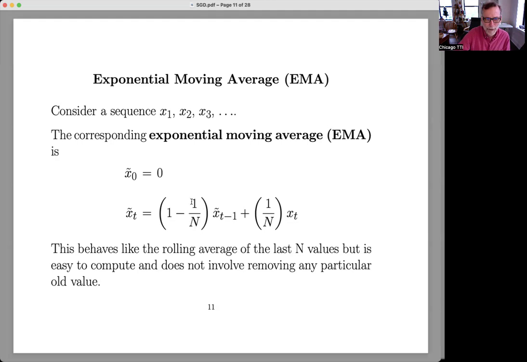The exponential moving average multiplies itself by a number less than 1 and then adds in a number times the value being added in, where this forms a so-called convex combination. These two numbers sum to 1. And you want to think of this as being very similar to a rolling average with a window of size n.